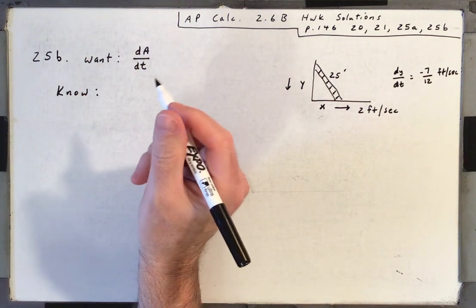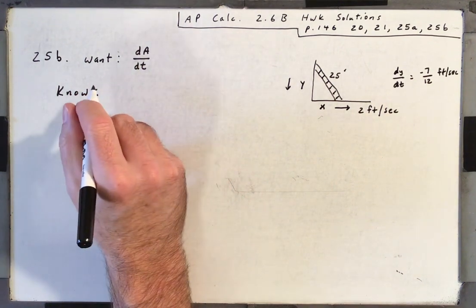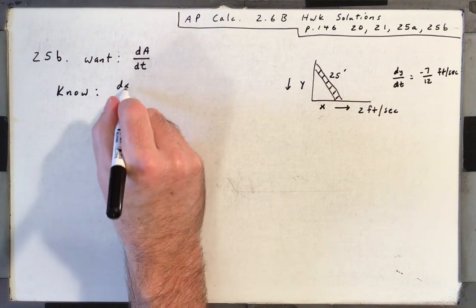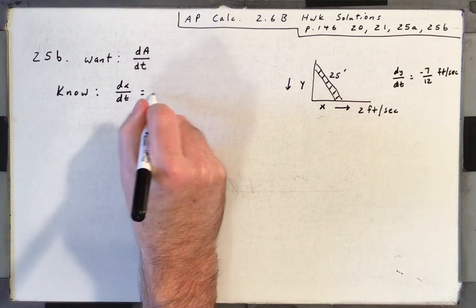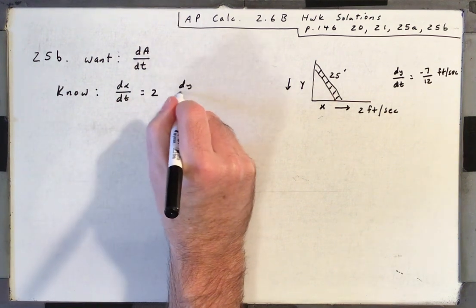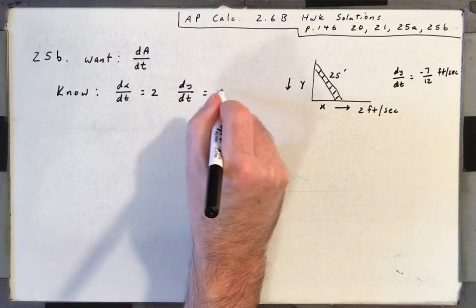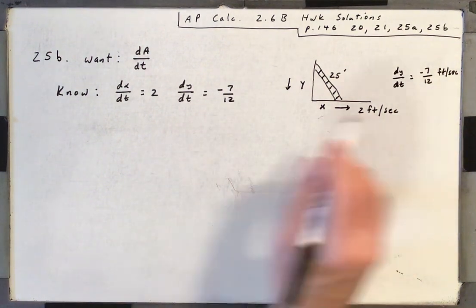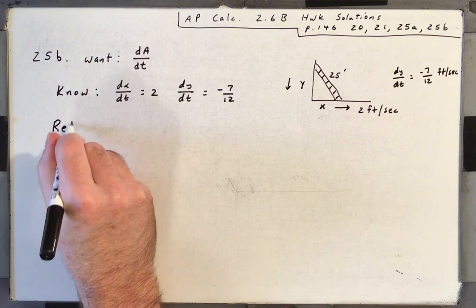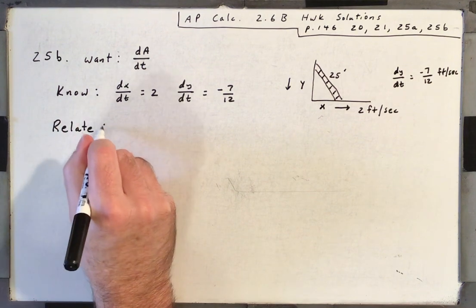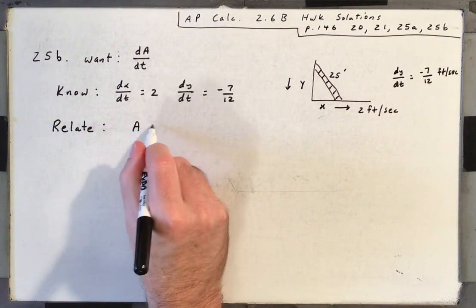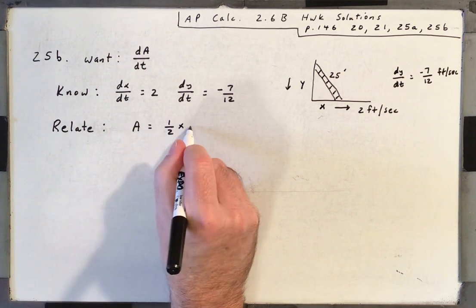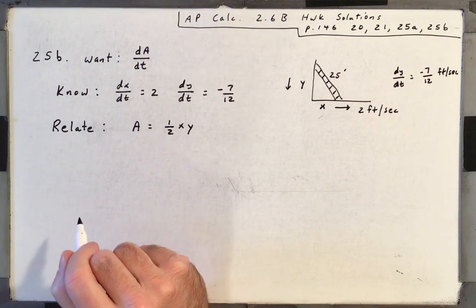What we know is that dx/dt is equal to 2, and dy/dt is equal to negative 7/12. We know two pieces of information there, and we're going to need both of them. To relate, I mentioned this in the hint, we know that the area is 1/2 for a triangle, base times height. So that would be 1/2 x times y.